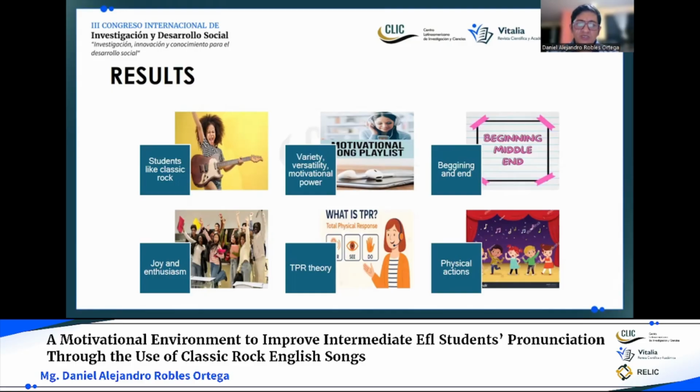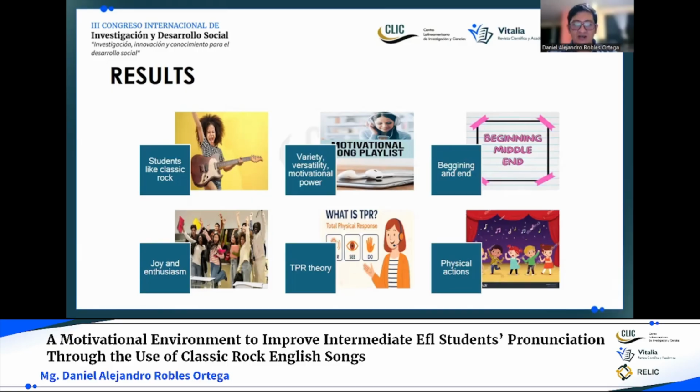The majority of scholars feel motivated at learning pronunciation through classic rock English songs at the beginning and at the end of the technique proposed by the teacher. Teachers realized that their pupils feel encouraged to learn pronunciation with this kind of songs because of the expressions in their faces that evidence joy and enthusiasm, even in the shyest students.